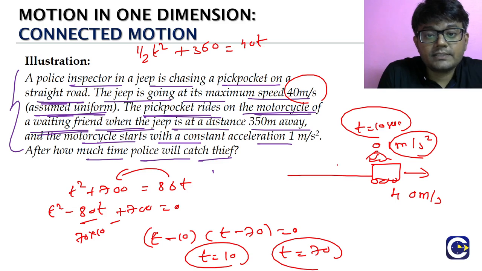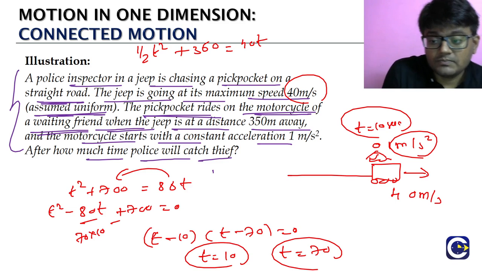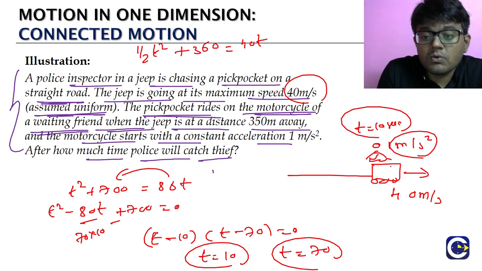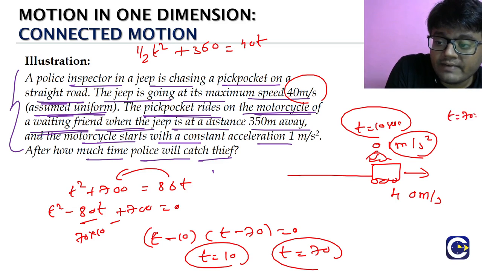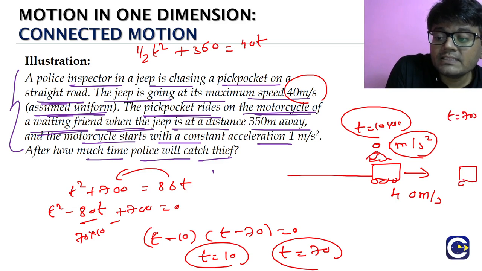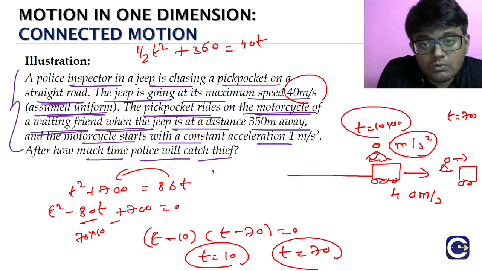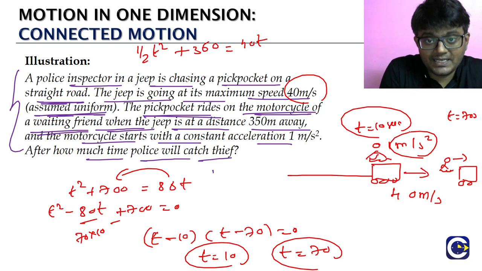Means its velocity will keep increasing over a period of time. So the police jeep will go ahead, then the velocity of the motorbike will keep increasing, and you know what is happening? At exactly t is equal to 70 seconds, the bike will be able to come and overtake the police jeep. Okay, practically that is not going to happen, right?